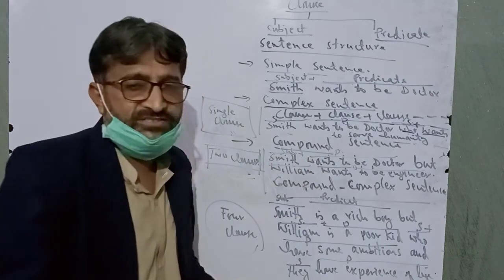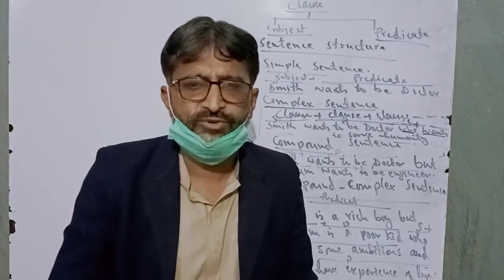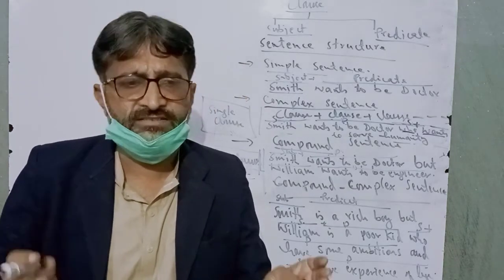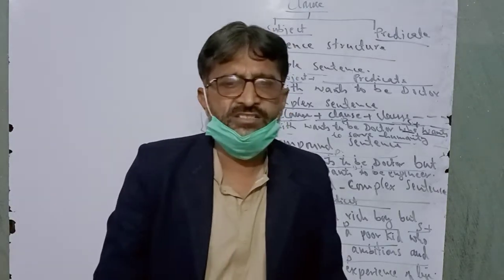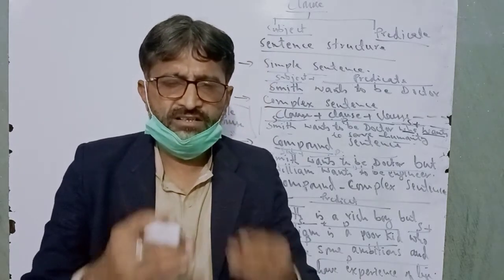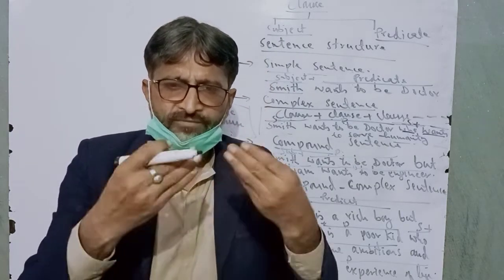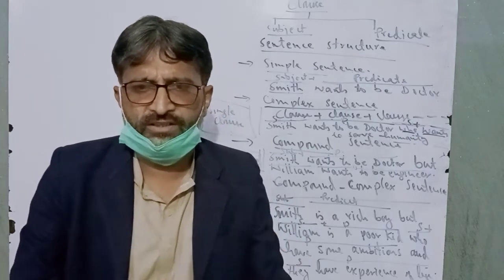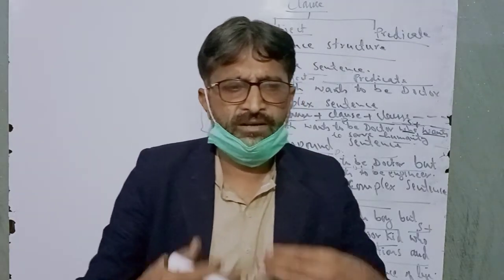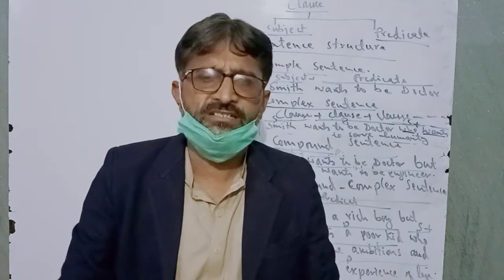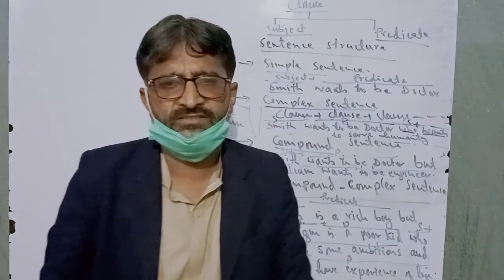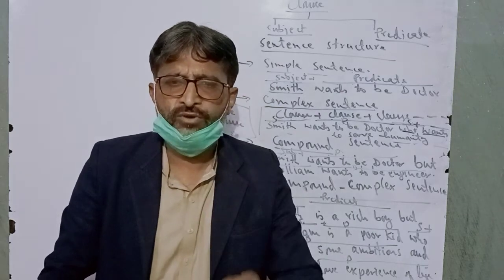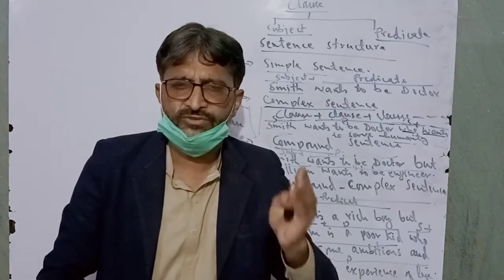What is compound sentence? It is also interesting to tell you that compound sentence is also association of clauses. There are more than one clauses. There are two clauses, three clauses, four clauses, five clauses, or more than five clauses. It depends upon the writer's clarity of writing, that how he or she is going to write.